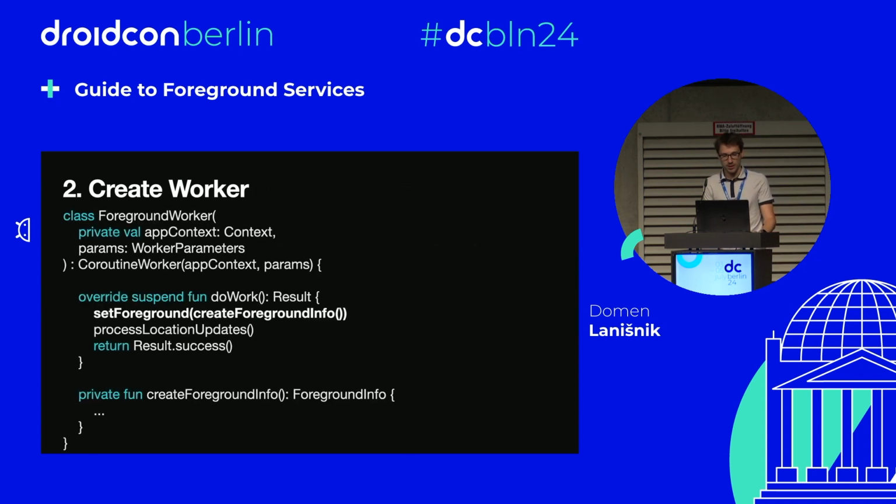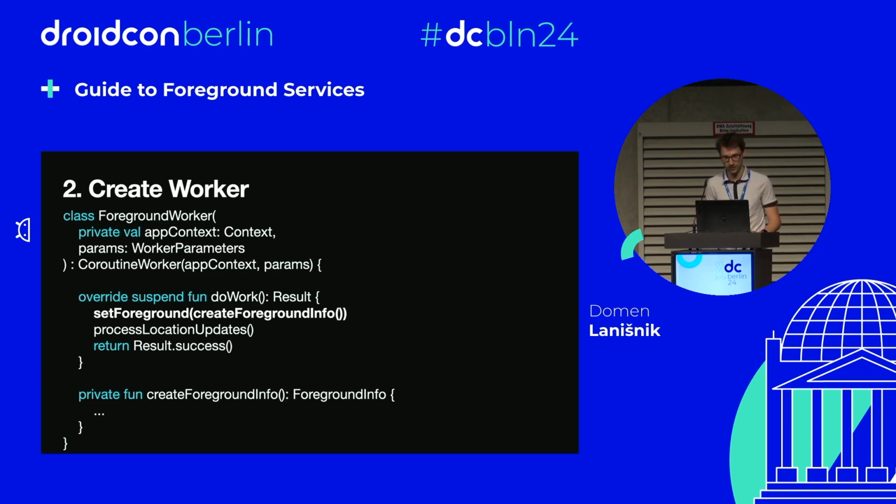Okay, so now if we take a look at the worker, we can see that this is a coroutine worker. But what we do is in the doWork suspend function, we call set foreground. And this set foreground function accepts a foreground info object. And this should be the first function that you call in doWork if you want to have a long running worker.